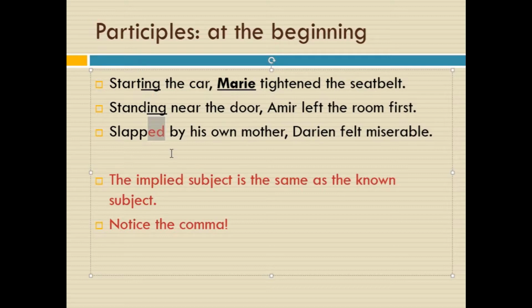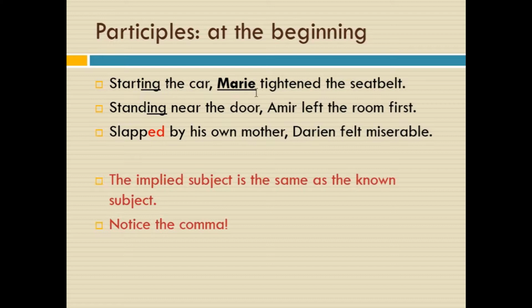It tells me that the subject of my second sentence, even though it is the same as the subject of this one, Dareen is being slapped by his own mother, but it is being used as an object, because his mom slapped Dareen. So this is my object. That's why I have an ed here, okay? And the meaning implies it better.